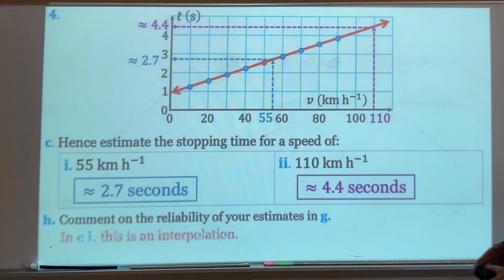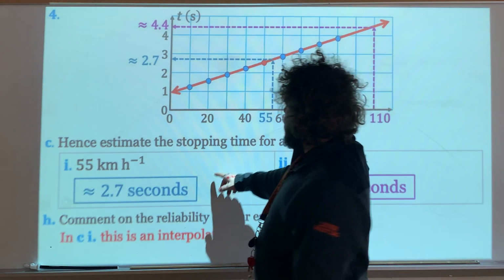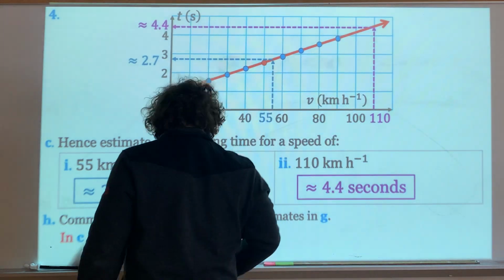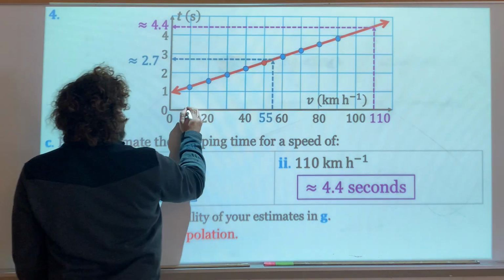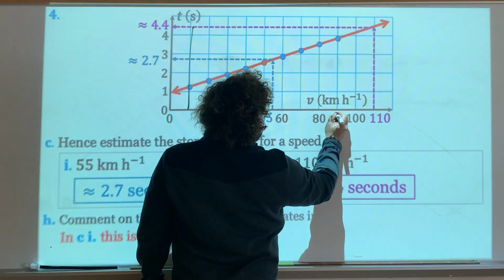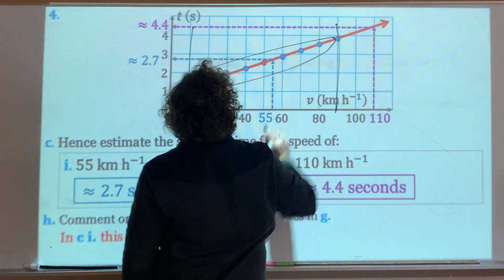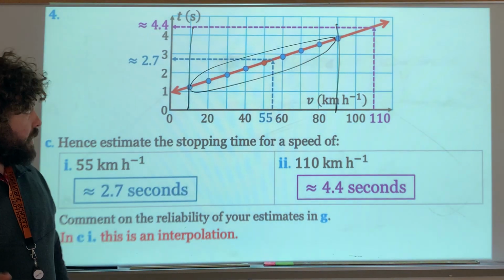Well, C is an interpolation. It falls inside our data set. Okay, so anything that falls in here, this piece of the line is the good piece. That's the one that we can make some interpolations for.